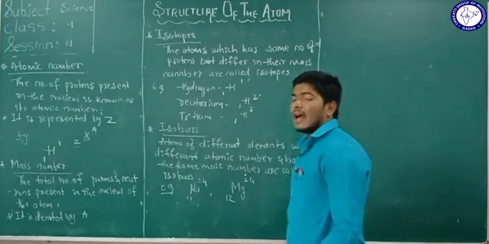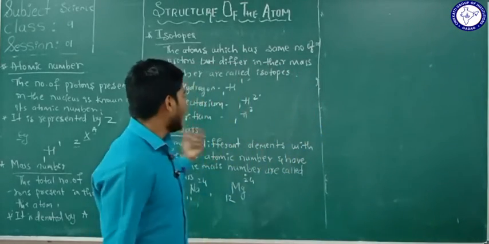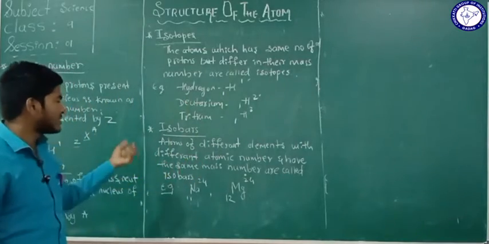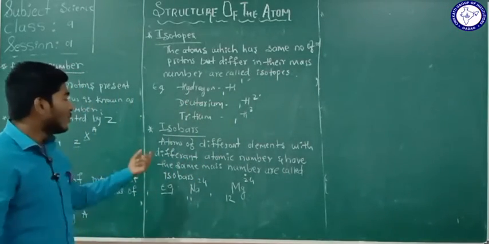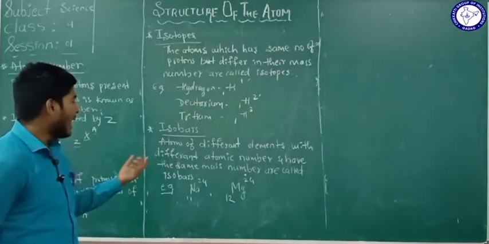Another important concept here is isobars. What are isobars? Atoms of different elements with different atomic numbers and the same mass number.